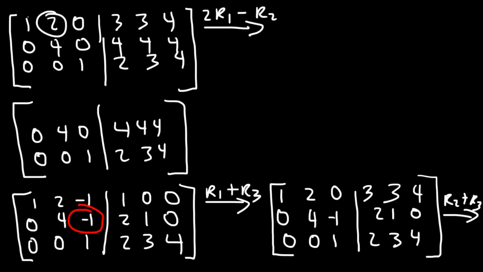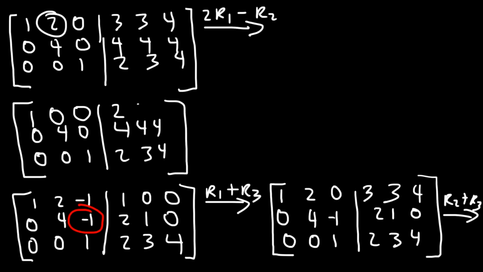Now we're going to take 2 times 1 minus 0, so that's going to stay 1. And then 2 times 2 minus 4, that is now 0. 2 times 0 minus 0 is 0. And then 2 times 3, which is 6, minus 4, that's 2.